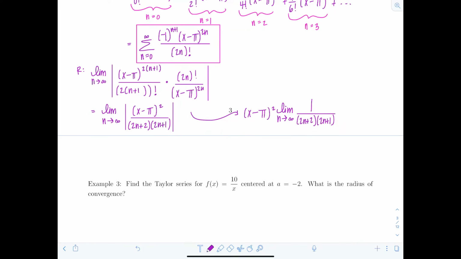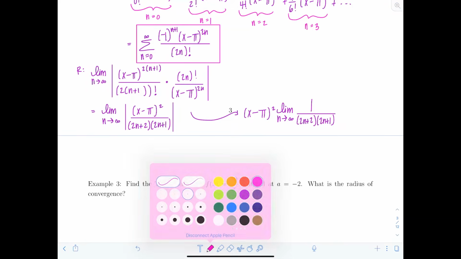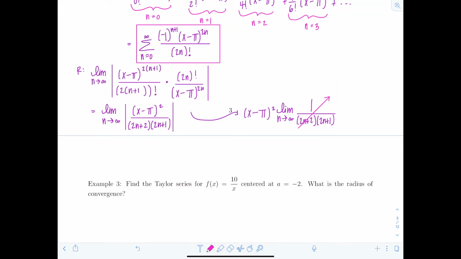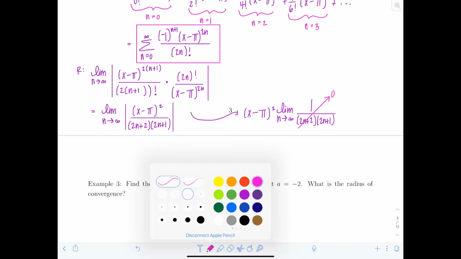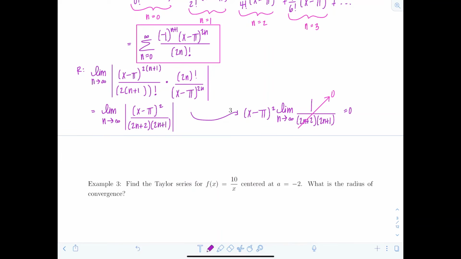And as n approaches infinity, this quantity goes to 0. So this limit is actually going to be 0, which is always less than 1. So what does that mean? My radius of convergence is infinity, infinite. All right. That's a good one.